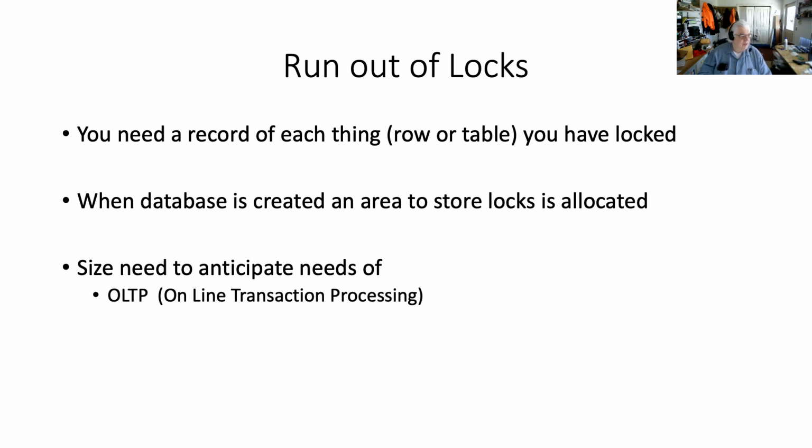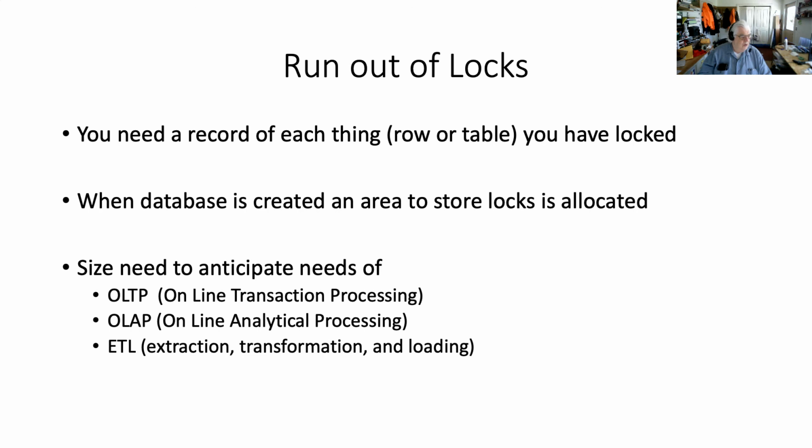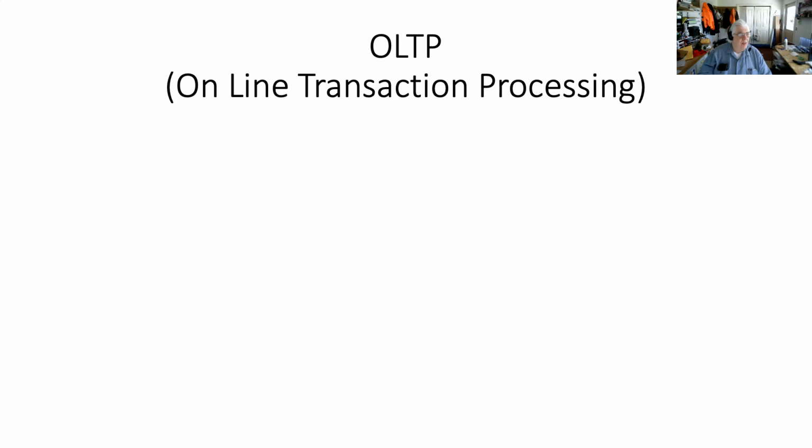Is it going to be an OLTP, online transaction processing, an OLAP, online analytical processing, or an ETL, extraction, transformation, and loading? And these are critical terms, so let's look at each one.